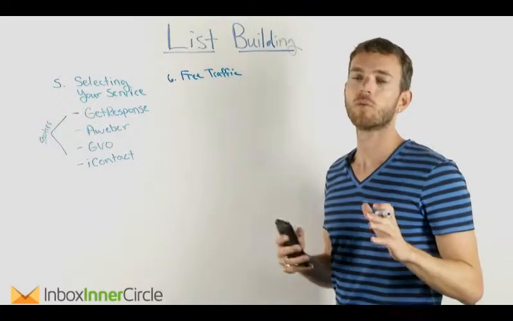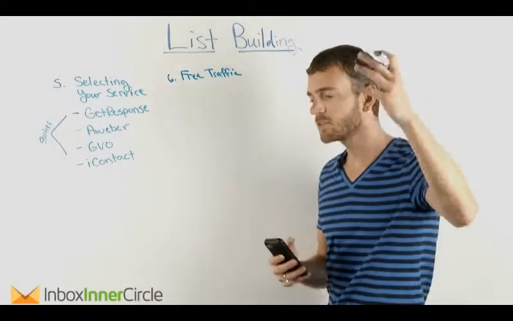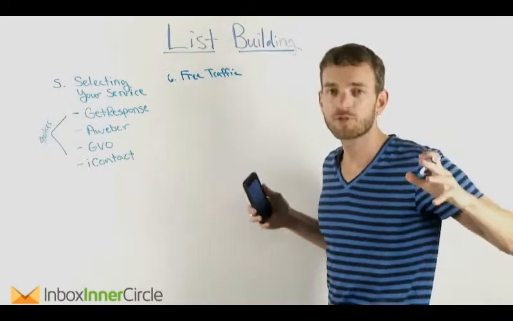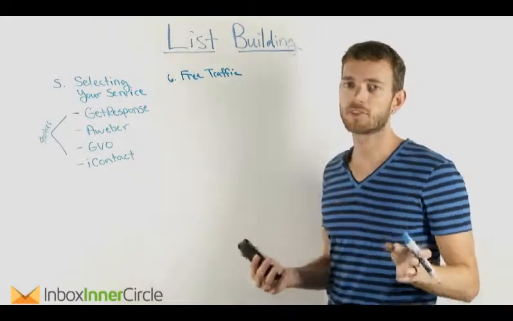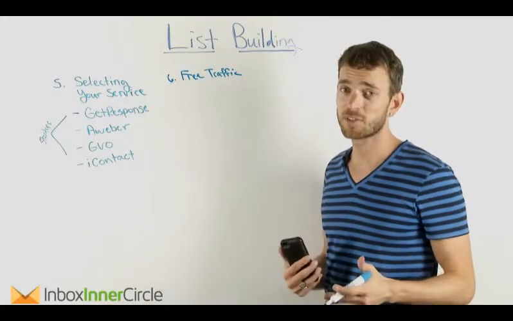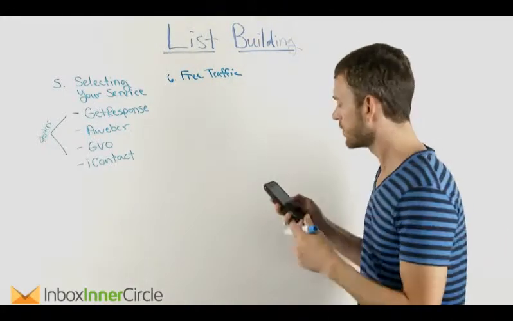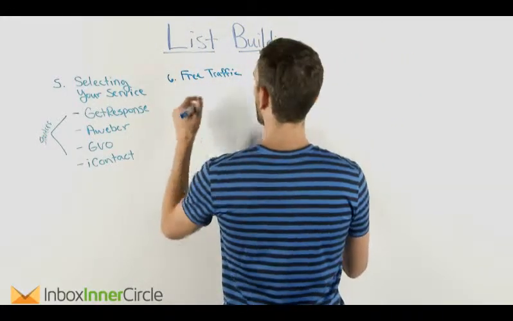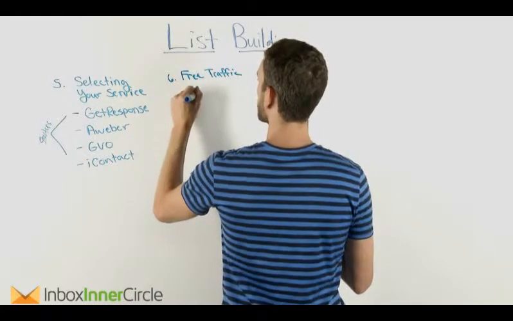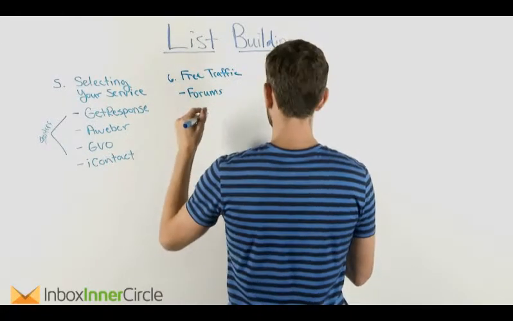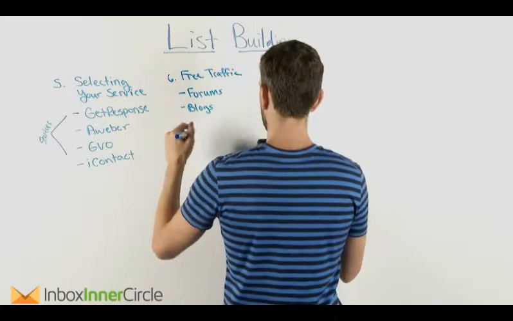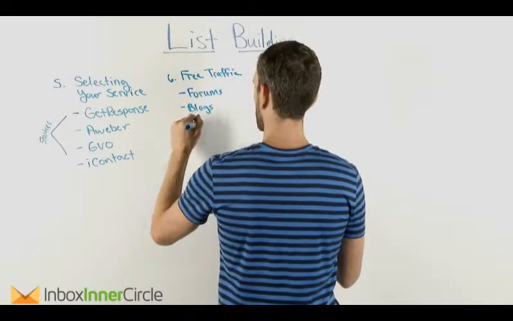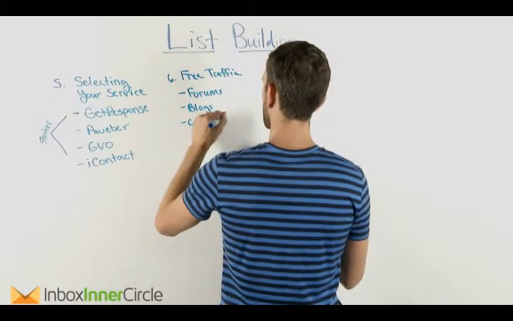Here's the thing. When you build a page, you select a niche, you build a page, all these things, you've got to get traffic to this page. Now, we're going to teach you a few different methods throughout this course, but I'm going to outline some of these right now and give you the pros and cons. For the free traffic, we've got forums, blogs, Craigslist.